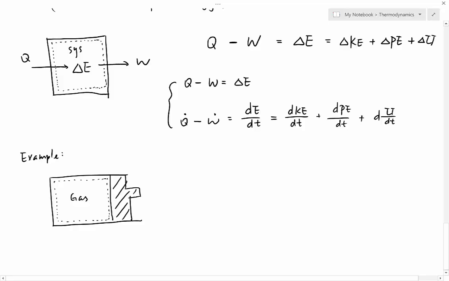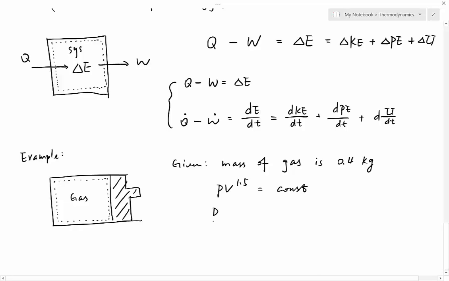Okay, and now what we give you is, given, mass of the gas is 0.4 kilogram, and PV to the index of 1.5 is equal to constant. So that means the index n is given as 1.5.